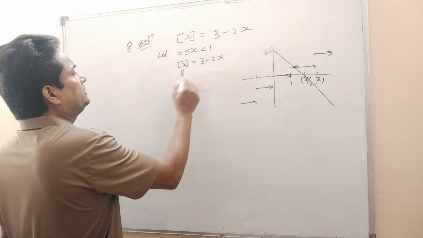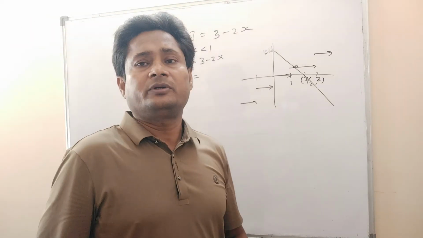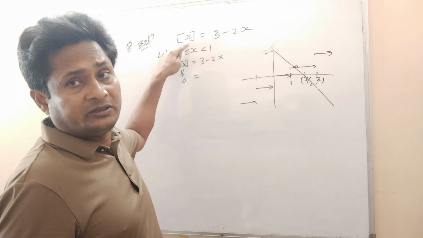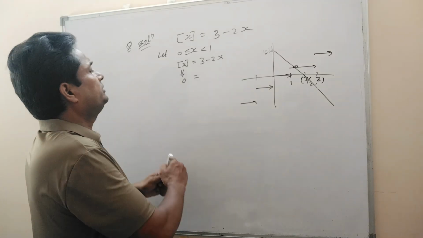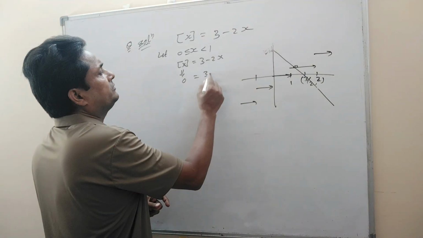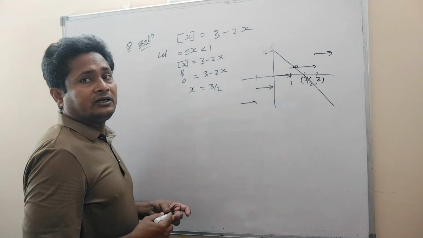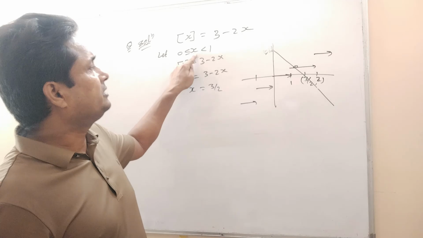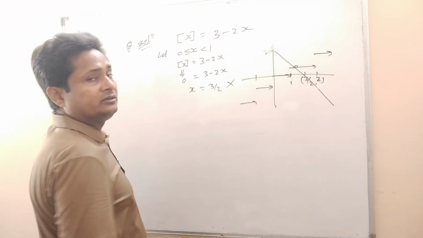By using the property of greatest integer, this will give you 0 if x lies between 0 to 1. Right hand side is 3 minus 2x, so x is equal to 3 by 2, and 3 by 2 is 1.5. 1.5 does not lie in this interval, so this solution is rejected.